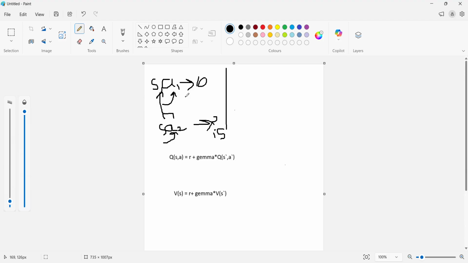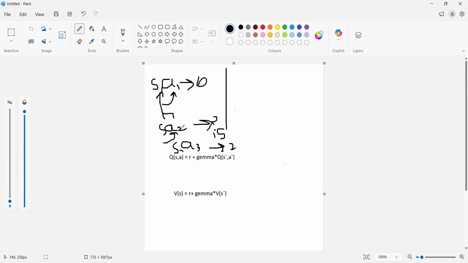Under exploitation, that is. But if again I want to explore a new action, I might take a new action A3, and A3 might not give me a good reward. It might give me 2, which is the worst of all three. So the next time I come to this state S, I will try to take action A2.